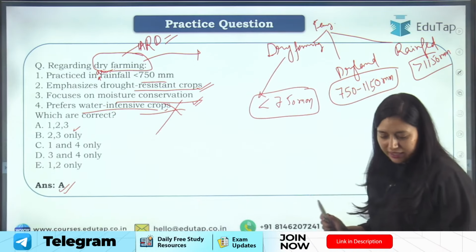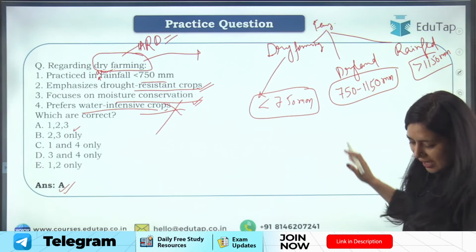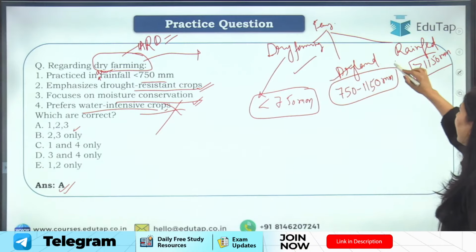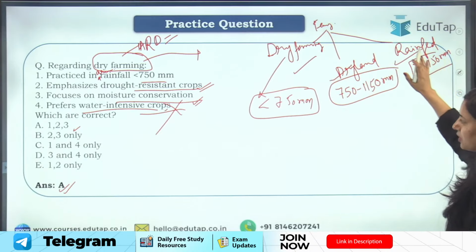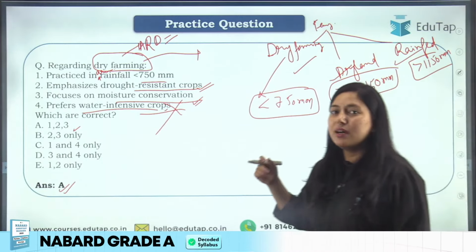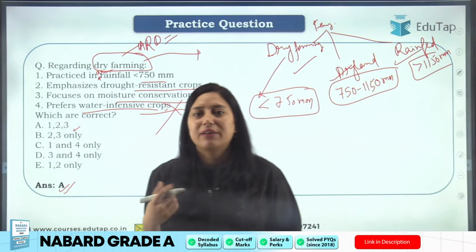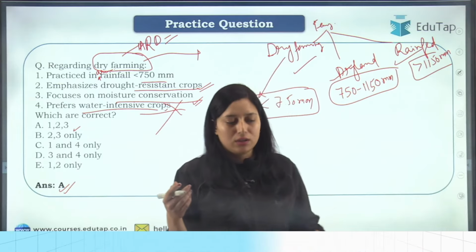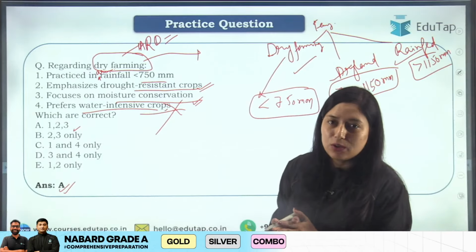Clear? I hope it is clear. And I hope it is also clear to you what is dryland farming and rain-fed farming. Okay? So students, in rain-fed farming we can go for growing multiple crops. Okay? Because here the supply of water is enough. So we can go for growing multiple crops, right?